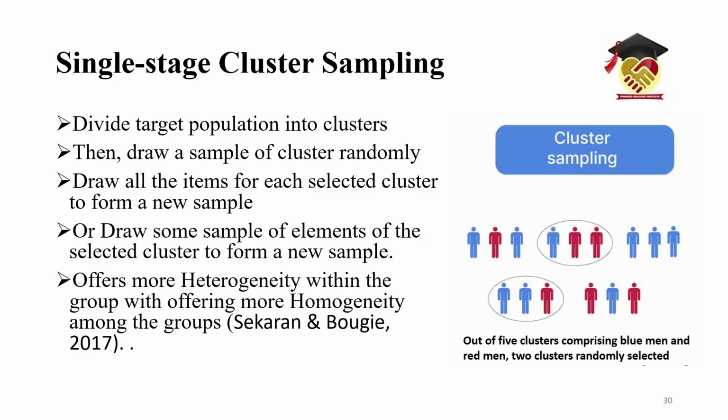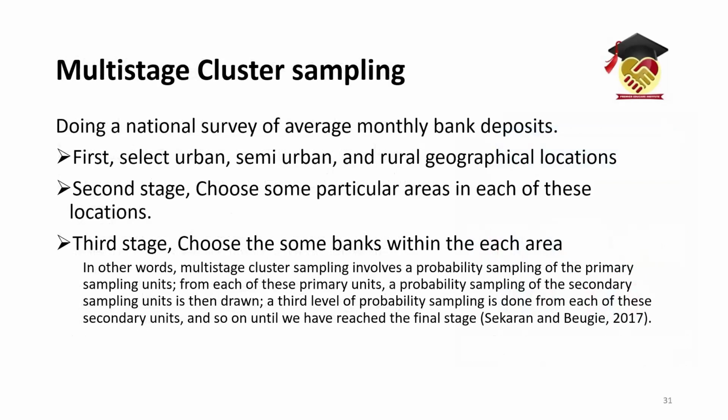Now you know the single-stage cluster sampling. So this is the single type. Now you have the multi-stage. Multi-stage means, in simple way, you divide it three times. For example, if you want to do a national research in India, first you select the entire country: urban, semi-urban, rural, like that.